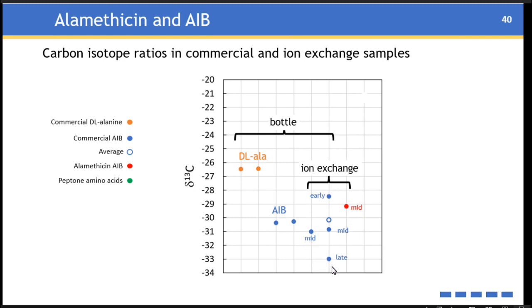These are then the amino acids obtained from the ion exchange column. So these peaks right here refer to a sample of commercial AIB, where different sections of the peak, the early part, the middle part, and the late part, were separately analyzed. And they give a huge difference in isotope ratio. There's a fractionation that is happening on chromatography.